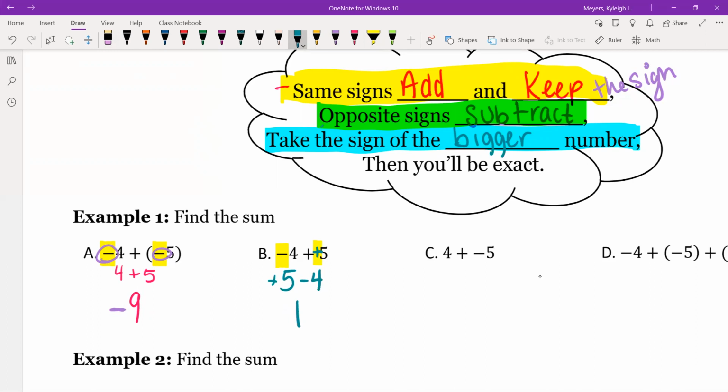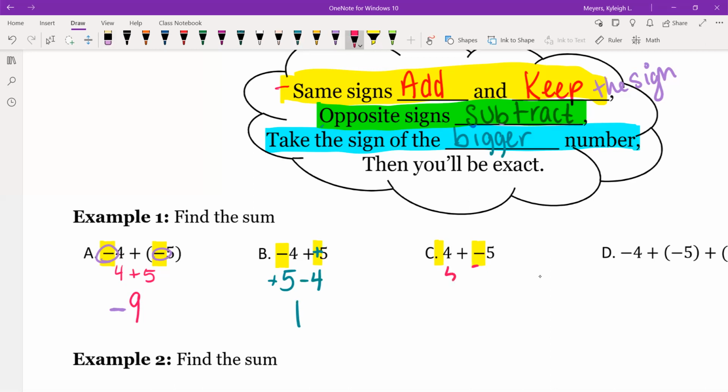All right, so let's do that again. So we have a +4 this time and a -5. Okay, so that's really 4 minus 5. No, just kidding. Sorry.